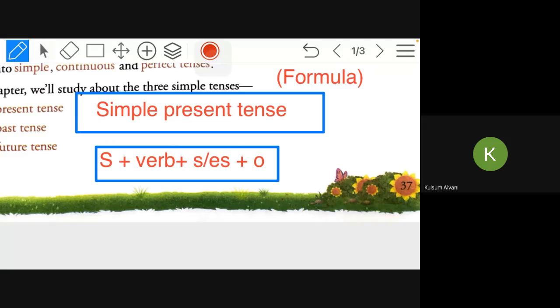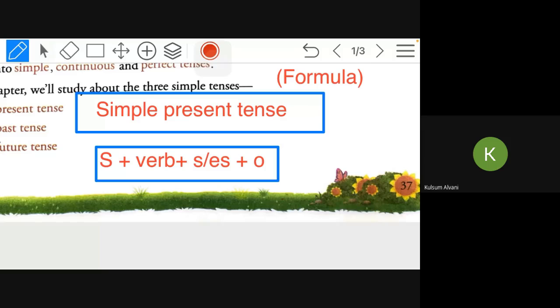Girls, remember one thing in any type of tense. There are 12 types of tenses. Main three are there, but overall 12 types of tenses are there. You will obviously not study all in this class, but in all the tenses, whenever you want to change the tense, you will never touch the subject nor the object.